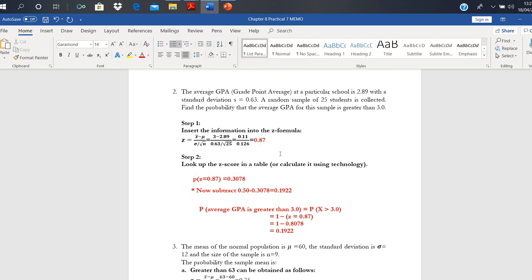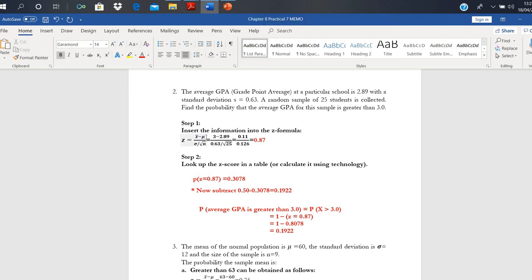There are two key steps in order to find that probability. Since we are using the Z formula, the Z formula is the sample mean minus the population mean divided by the standard error of the sample mean, which is simply equal to the standard deviation of the population divided by the square root of n.